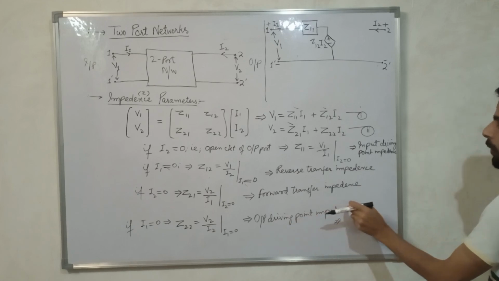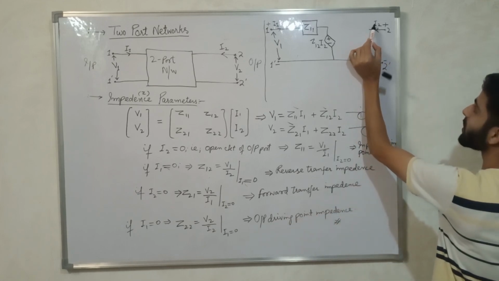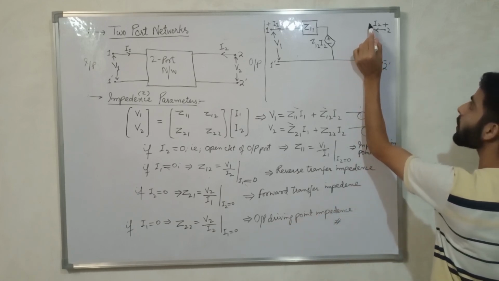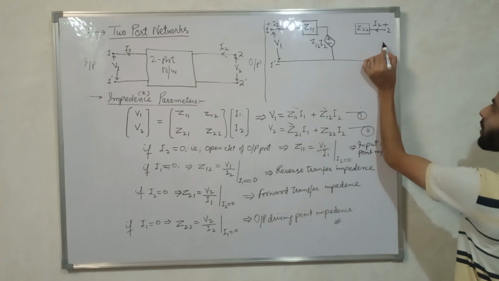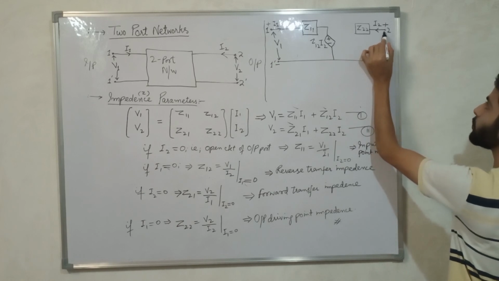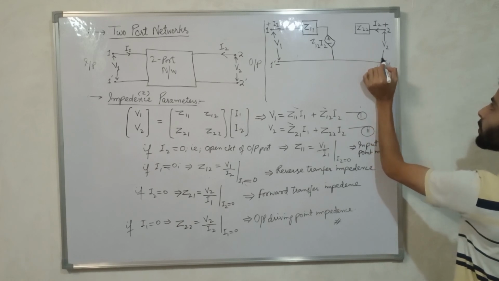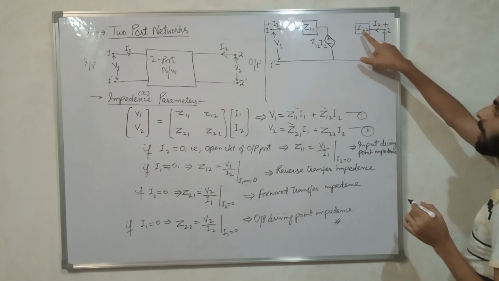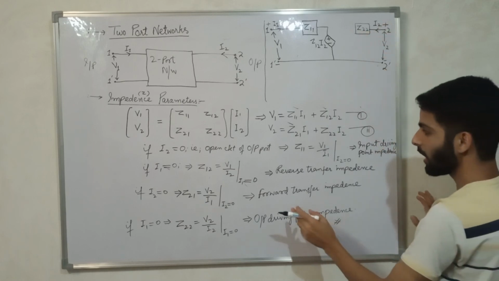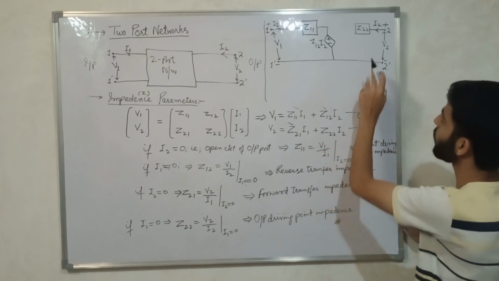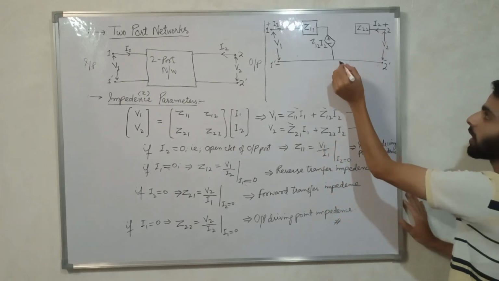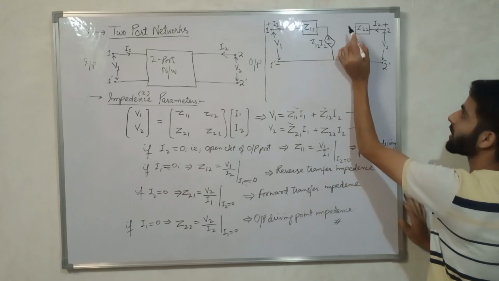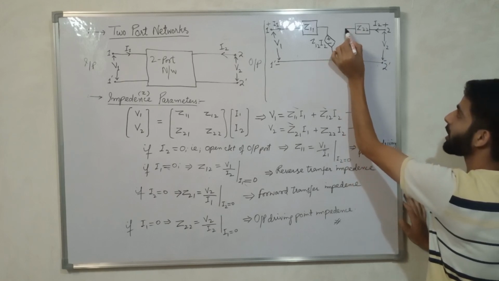The output driving point impedance Z22 will be like this, with voltage V2. Current I2 is going into this Z22, so no need to write Z22 along with it.